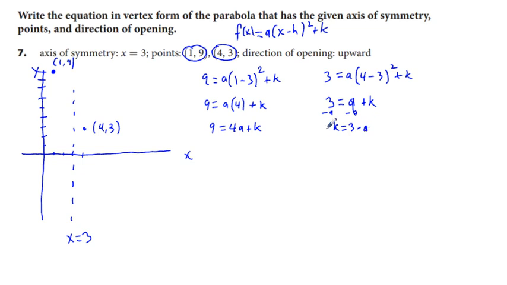And so we can replace this k over here with 3 minus a. So we put 9 equals 4a plus, and I'm going to put parentheses here, 3 minus a. And what we have here is 9, and 4a minus a is 3a. So we have 3a plus 3.